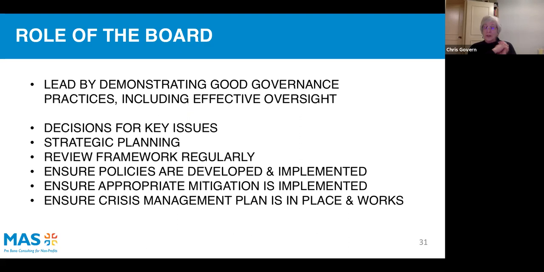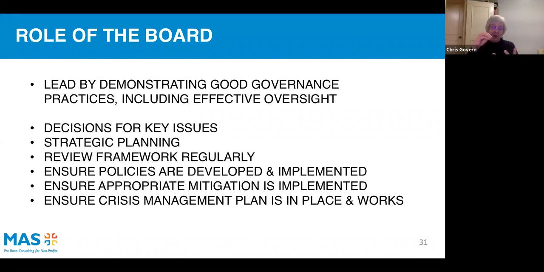It's to ensure policies are developed and implemented, ensure appropriate mitigation is implemented, and assure crisis management is in place and works. And I think this is really critical for boards, because there are risks you really can't foresee, but something could happen that would have an immediate negative impact on the organization that requires immediate action. And what you need is a generic crisis management plan. Who are the 5 people who have to be around the table?